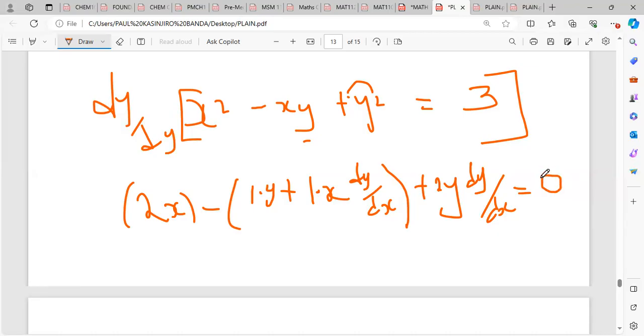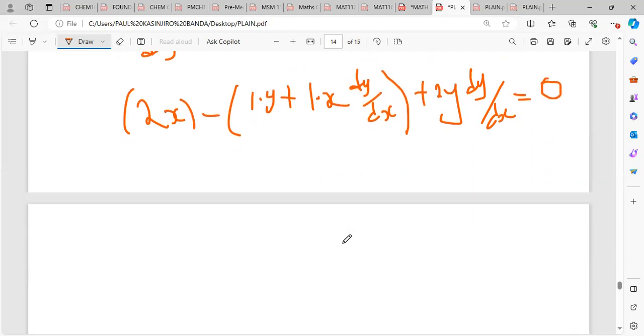Then after that, you can put like terms together. So here now we put like terms together.